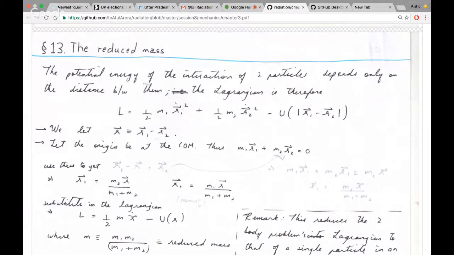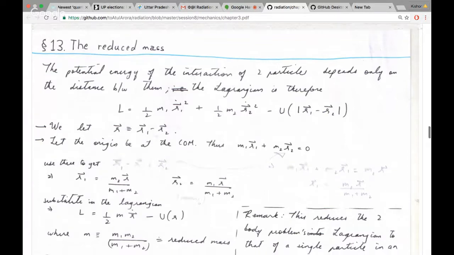So the potential energy of interaction of two particles depends only on the distance between them. So the Lagrangian therefore is half m1 r1 dot square plus half m2 r2 dot square minus U of r1 minus r2. We let r equal to r1 minus r2.